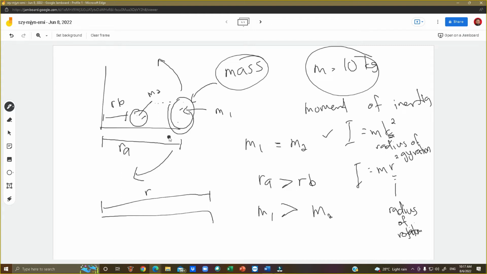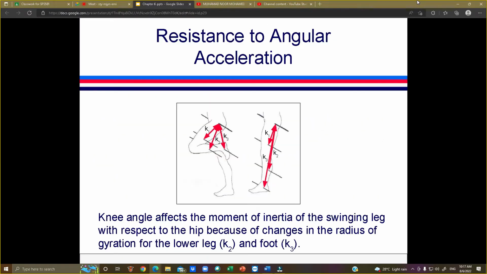It is actually radius. However, those body parts can change in term of placement. Macam ni. Okay, kita ada dua ni. Kaki ni, let's say lah, kita assume kaki ni seberat 10 kilo.